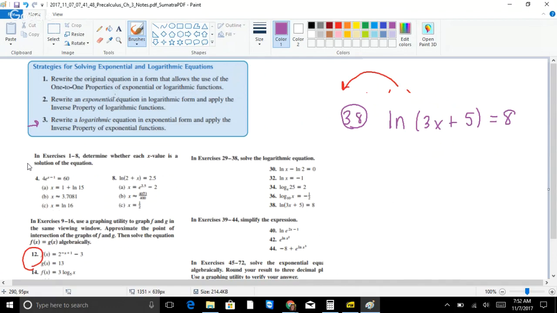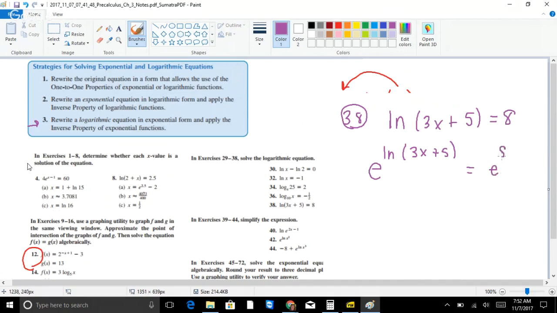Now, what base am I going to use? Because I have the natural log, that's easy, because whenever I have the natural log, I'm dealing with e. So I want to rewrite this as e to the natural log of 3x plus 5, and then over here, I will have e to the 8th power.